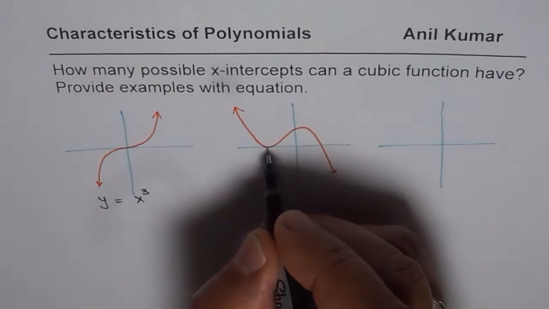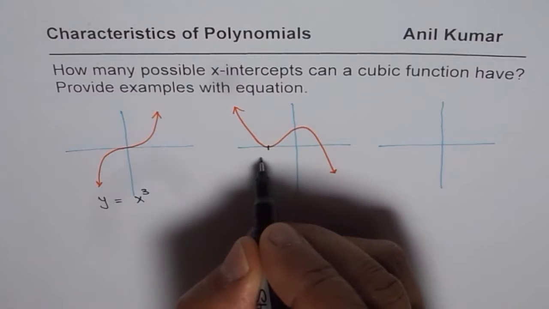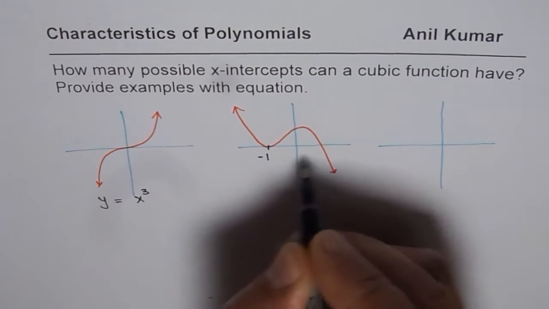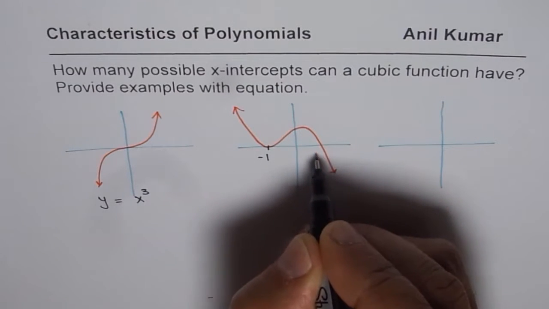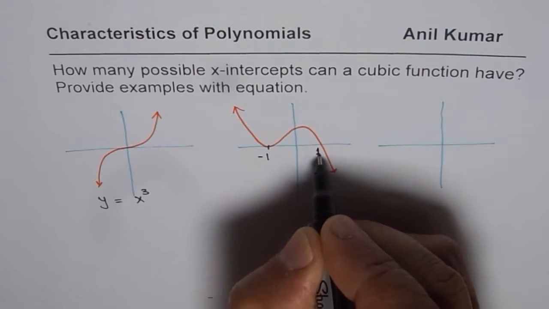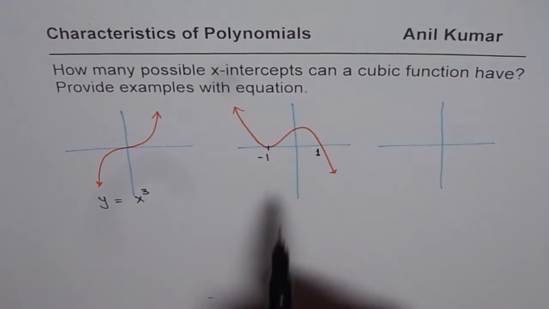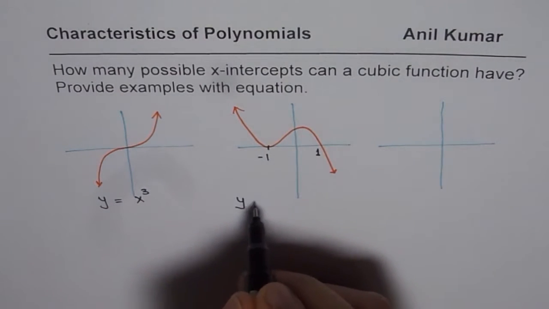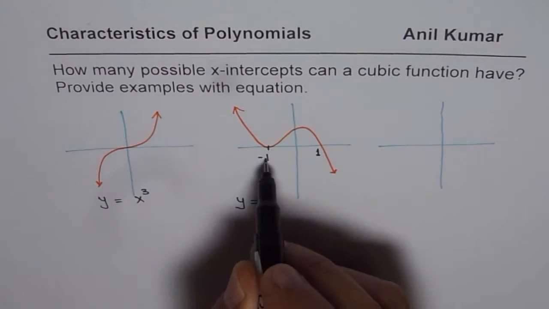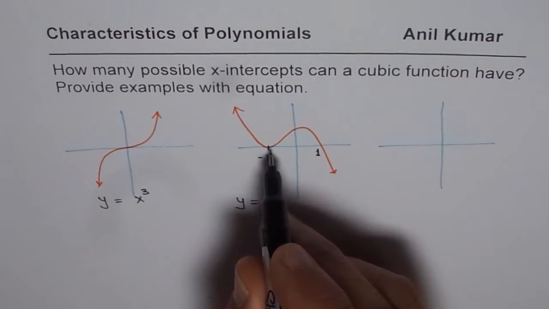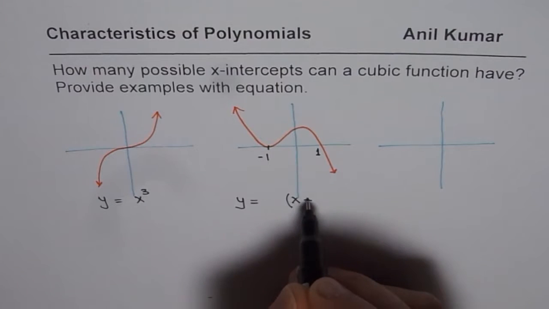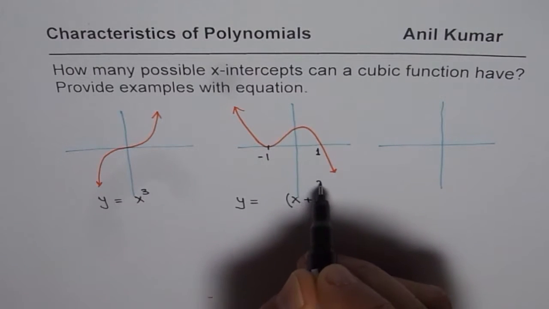Now let us say this x-intercept is at -1 and this one is at, let us say, +1. In that case, what we notice is that the graph equation could be: it is two zeros here, so we'll say x plus 1 whole square, right?